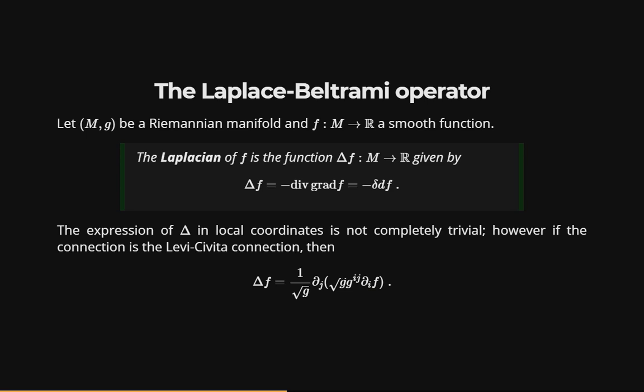The square root of the determinant is 1. g^ij is delta ij, so it's 1 if they are equal and 0 if they are different. So the only terms that survive are those where j is equal to i, so you get partial_i f, which is the usual Laplacian.